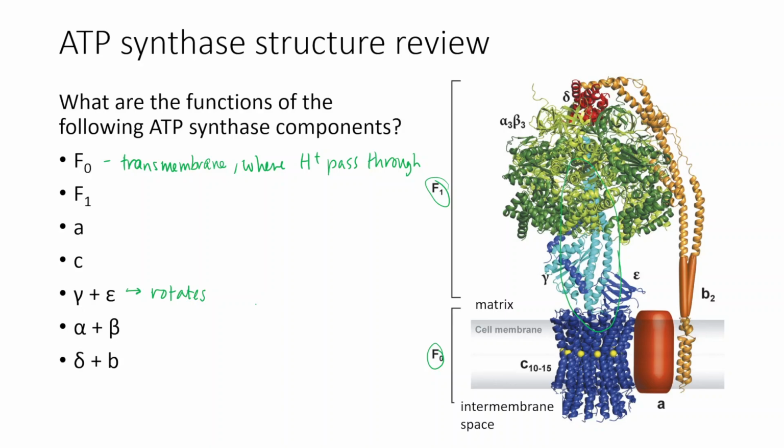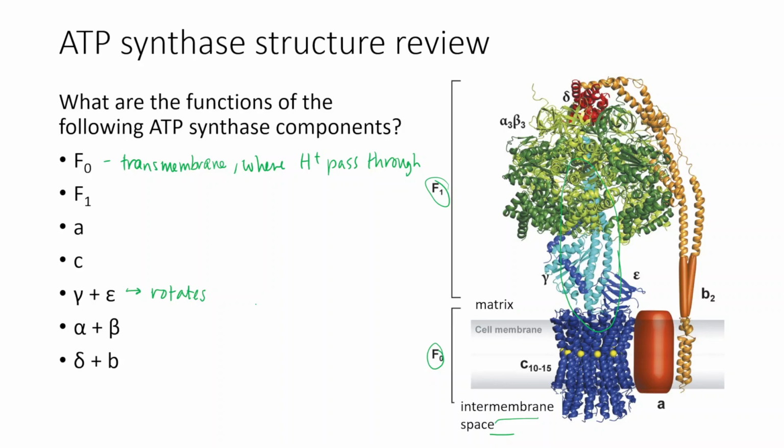So which part spins is the question. If the protons are entering, we said, from the intermembrane space, they're passing through which part? Which piece of the F0? Now you're just naming all the pieces of F0.